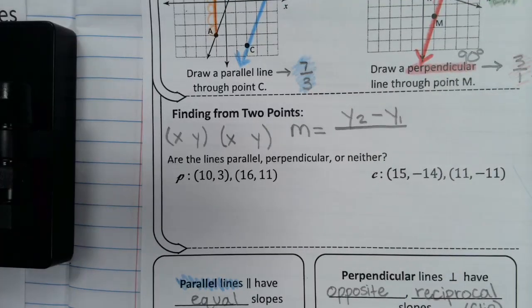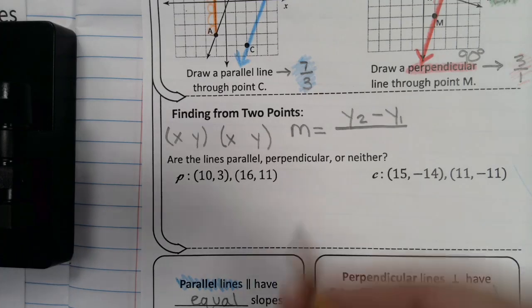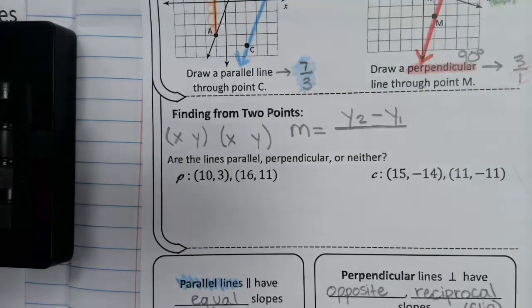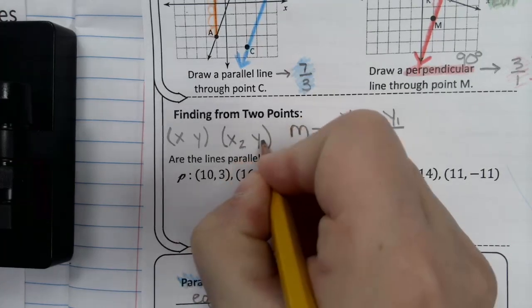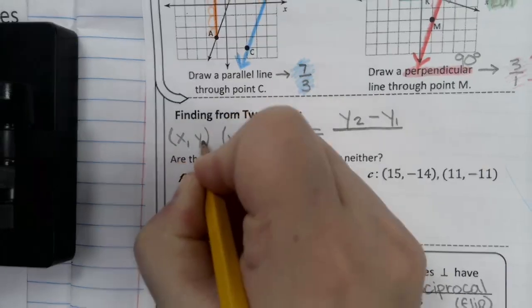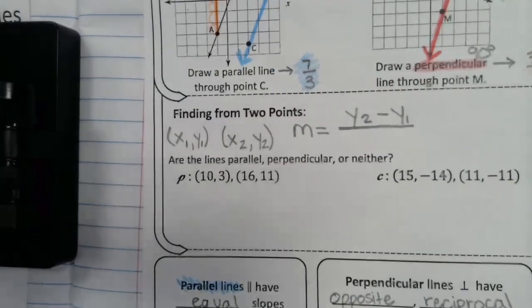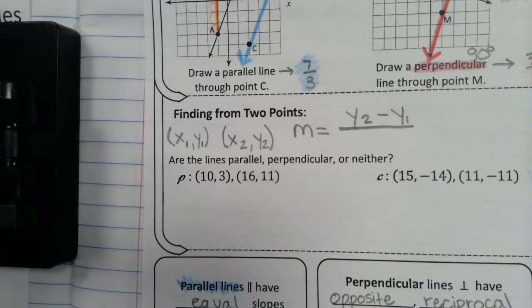Now, one way to think about this, that y2, I think about it as like the y from the second point. So the second point gets 2's. And this first point gets these x1 and y1. Now, depending on your teacher last year, some teachers use the word sub, so like y sub 2, y sub 1.